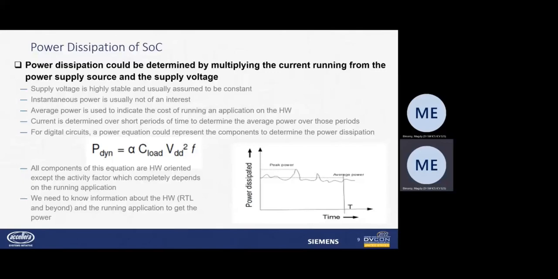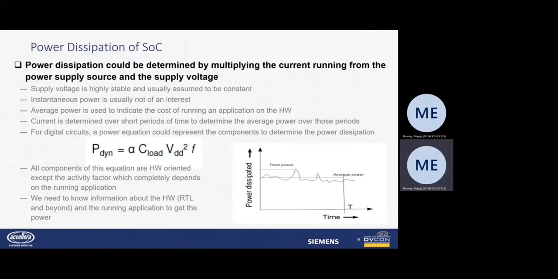It only depends on the size of the circuit and the technology used, because this power is dissipated whether you are switching or not, whether you have an application to run or not. It just dissipates because you connect the power supply to your circuit.